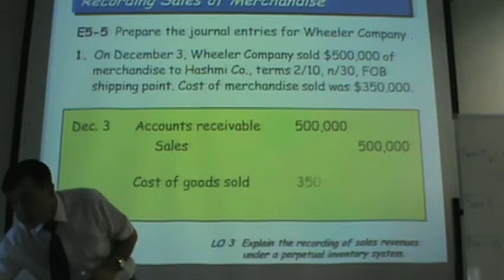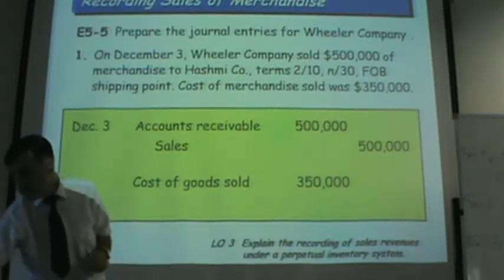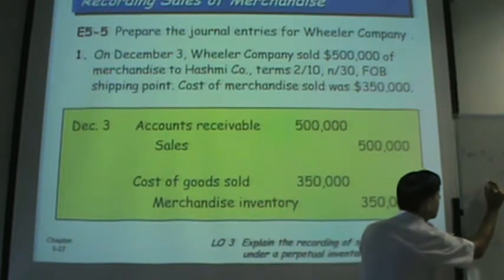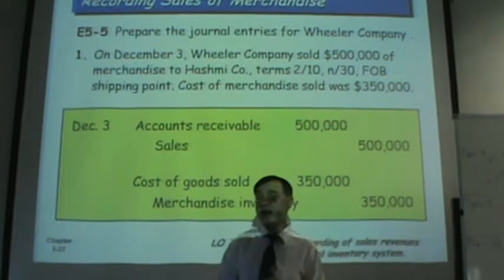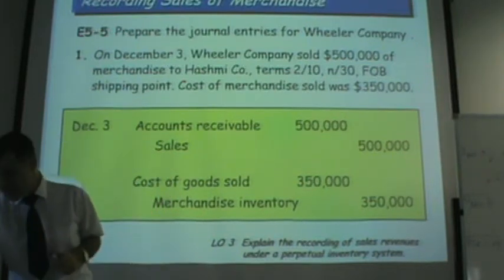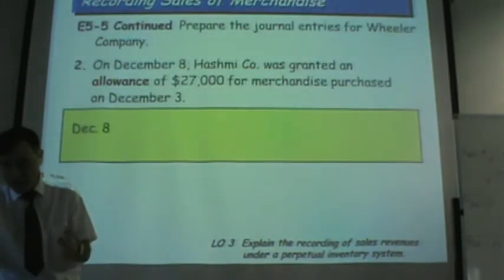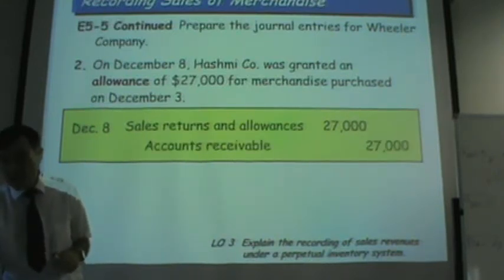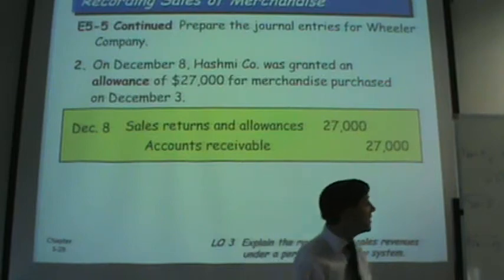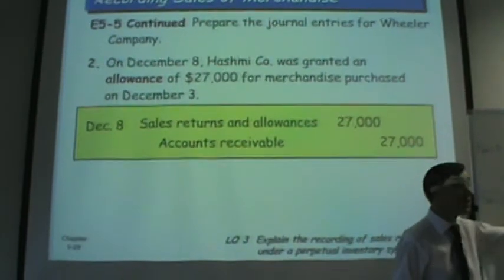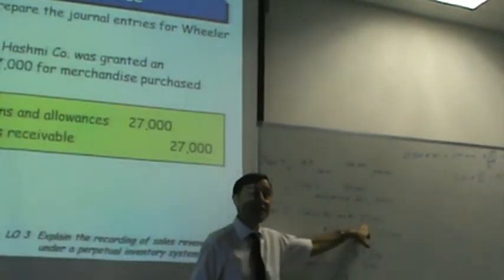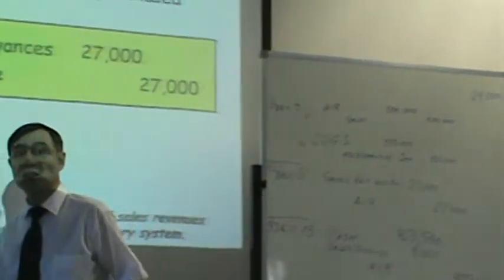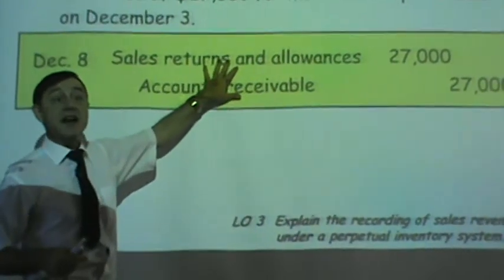Next, cost of goods sold 350, merchandise inventory 350. That's okay. Next. Sales returns and allowances 27, account receivable credit 27, which is exactly the same.